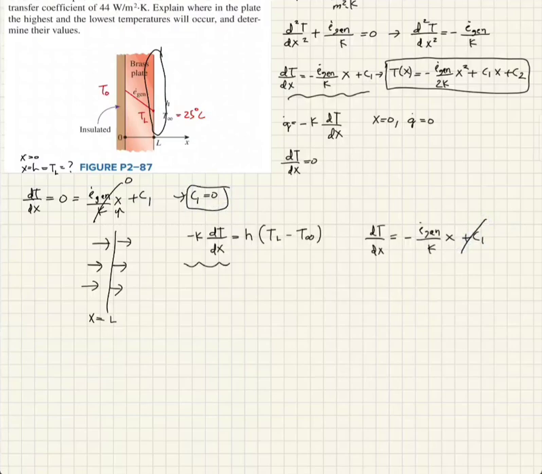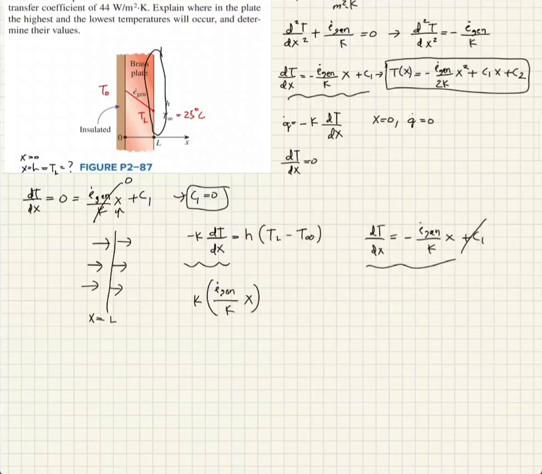We write negative k on the other side, so that negative and that negative cancel out, so we're left with k, and then e dot gen over k, and then x.